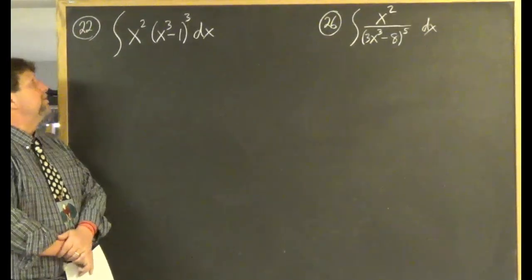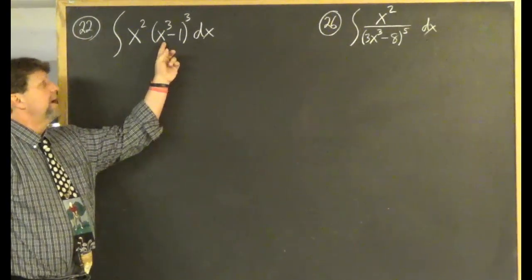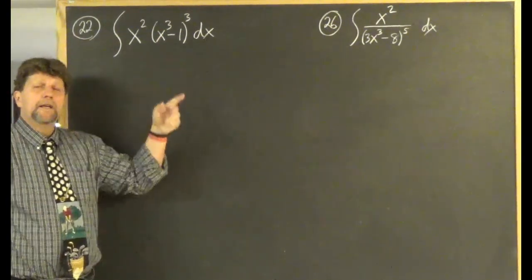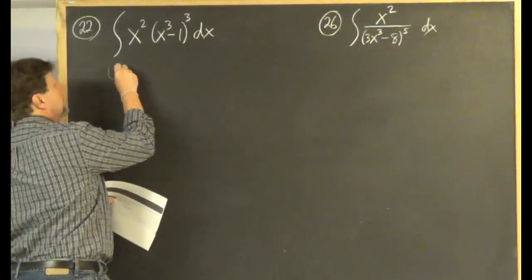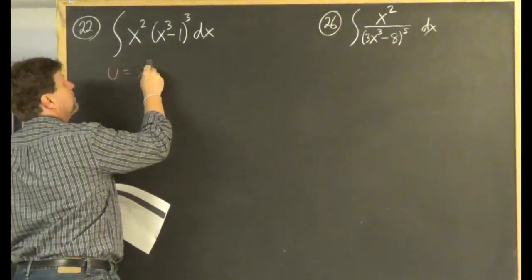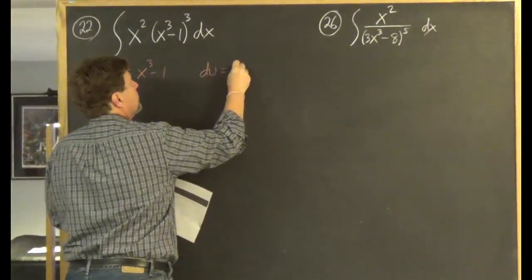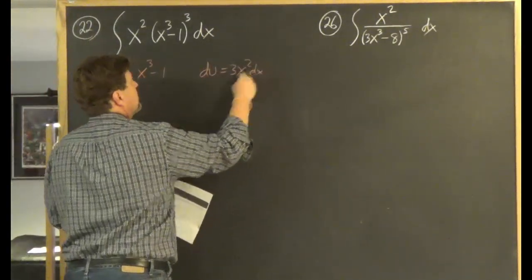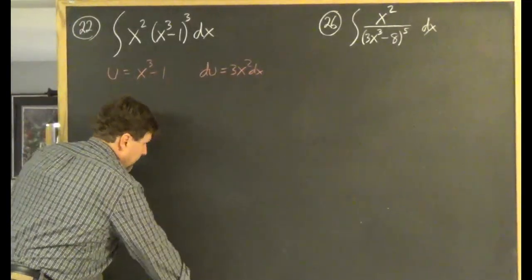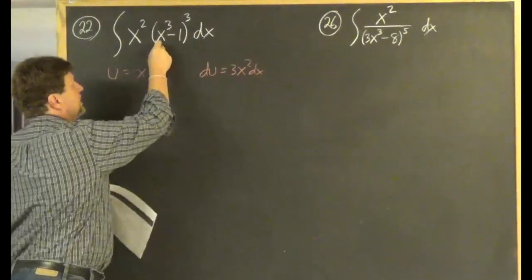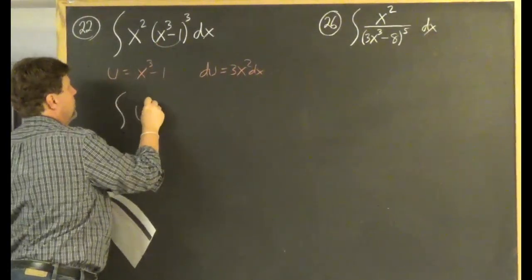Alright folks, number 22, you were asked to integrate x squared times the quantity x cubed minus 1 to the 3rd power dx. So hopefully you knew right away to let u equal x cubed minus 1. du is 3x squared dx. du is always the derivative of your u statement. So when you substitute in, take care of the u first. So you have a u cubed.